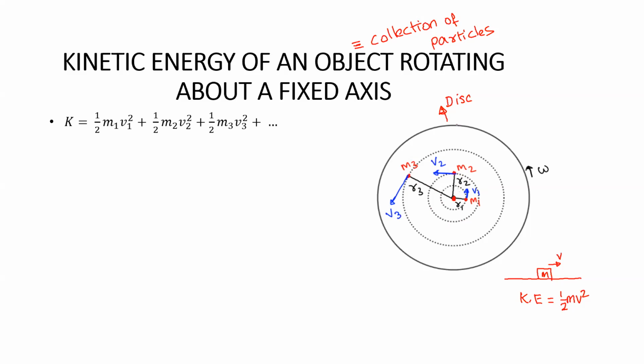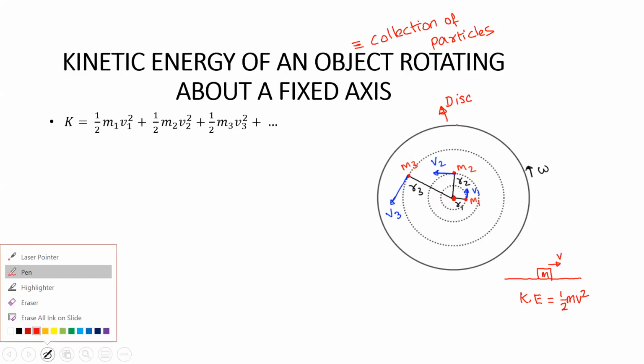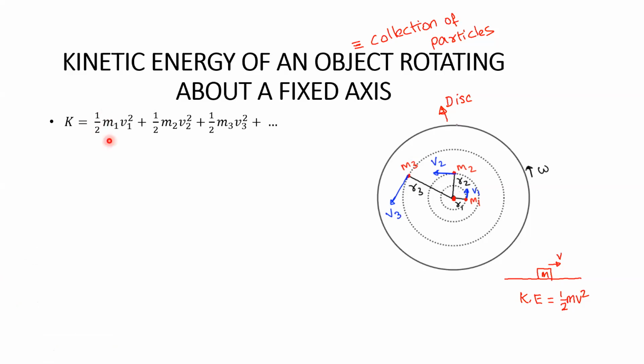So here, on the left side, the first term is the kinetic energy of the particle with mass m1. The second term is the kinetic energy of the second particle, and third particle, and so on.